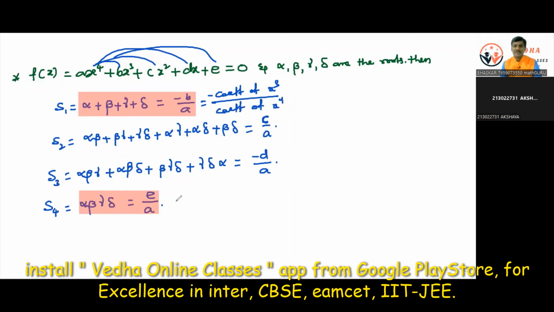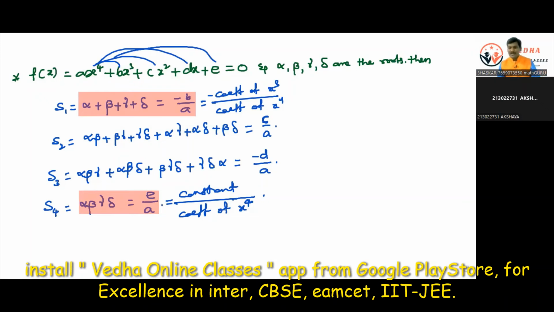I am writing for the first one and the last one: constant divided by coefficient of x to the power 4. This is the required formula, and we use all these frequently.